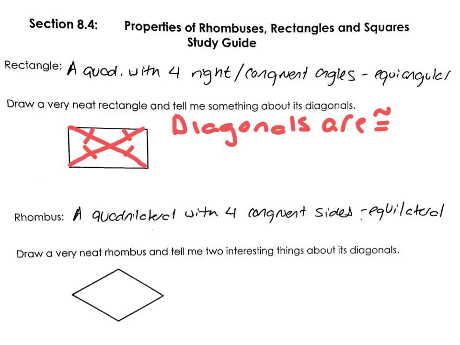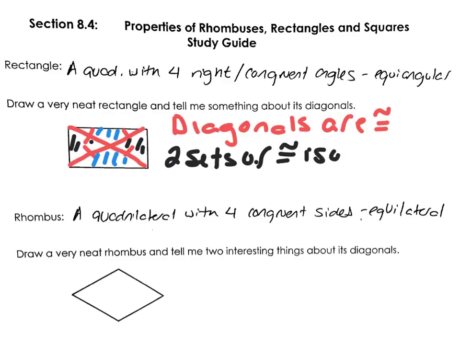So now if we think about these triangles that are formed, once again, the top and the bottom triangles are going to be congruent to one another. And the left and the right triangles are going to be congruent to one another. But more importantly, all of those triangles are isosceles. So I'm going to say that when we draw the diagonals, 2 sets of congruent isosceles triangles are formed.